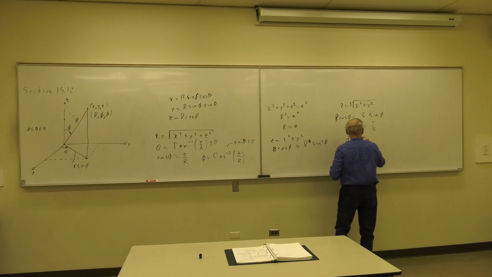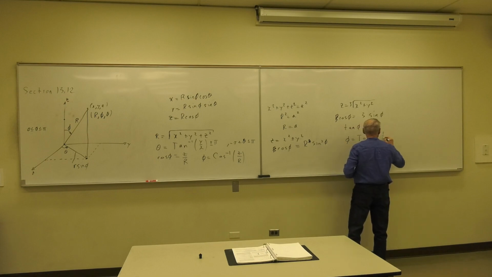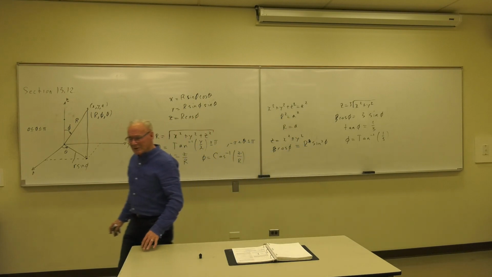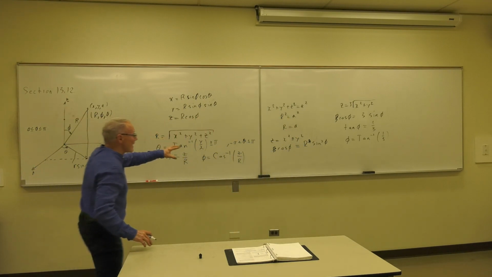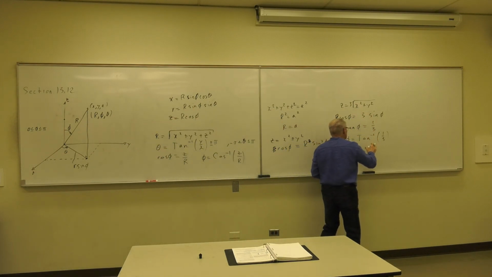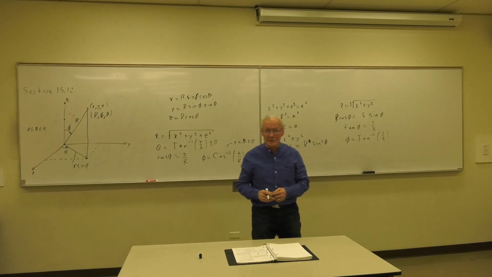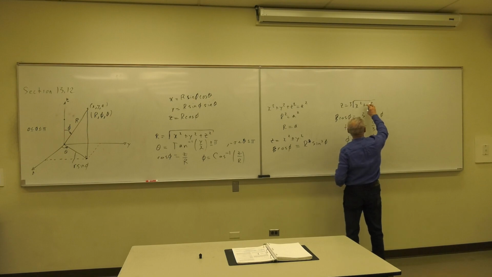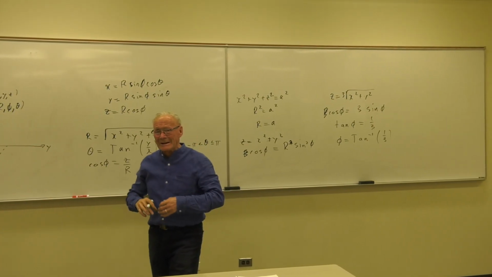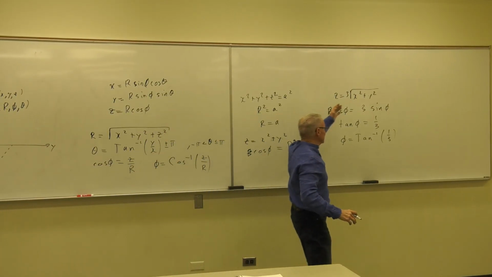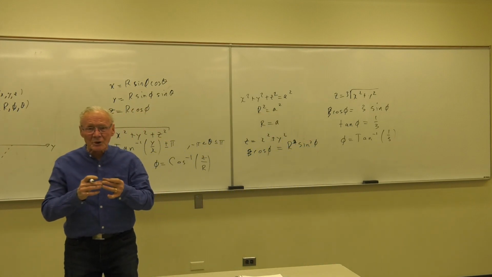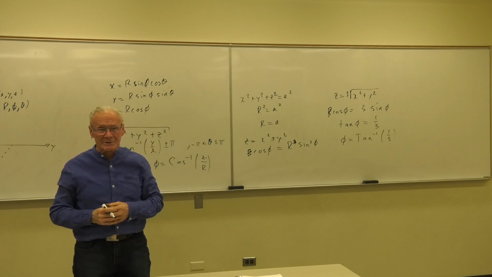Phi is then equal to the inverse tan of 1/3. That's a number. So in other words, it's saying cones that have equations of this form are quite convenient in spherical coordinates. If, however, you were to put a 2 under here, it would still be a cone, but now it would be an elliptic cone, and this simplification is not going to take place. Spherical coordinates like circular cones around the z-axis.